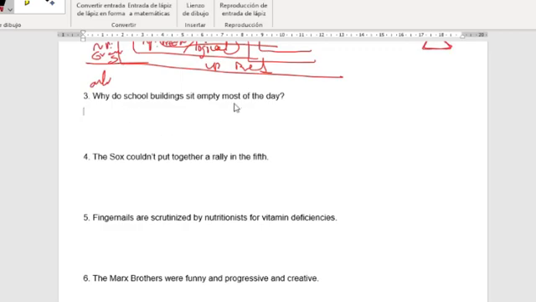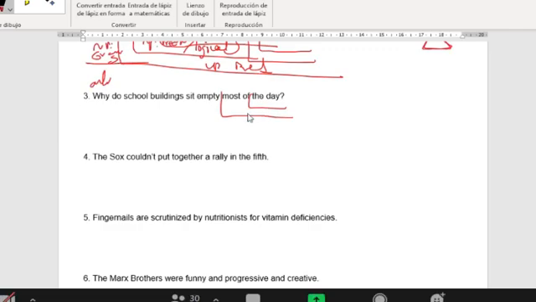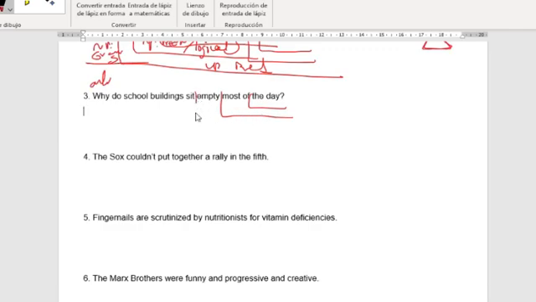So which one is the subject? Let's start here. Most of the day. Day is a noun phrase. Most of the day is another noun phrase. Empty. And this, most of the day, is a what?